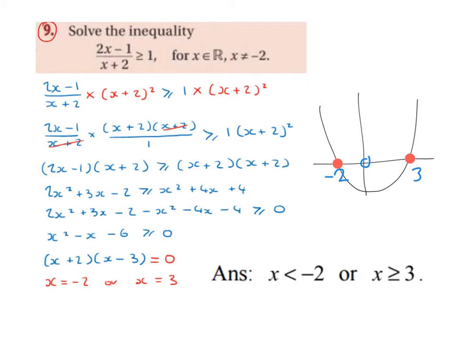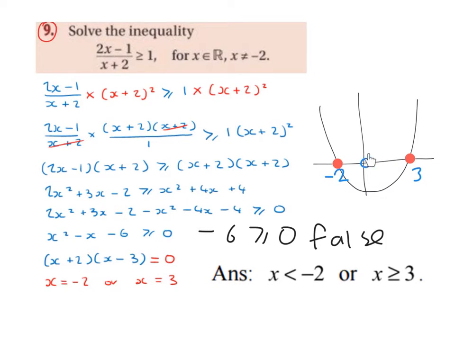I'm going to go with 0, and I'm going to substitute it into my equation. So I'm going to have 0 squared, which is 0, minus 0, which is still 0, minus 6 is greater or equal to 0. So subbing in 0, I get −6 is greater or equal to 0. And this statement is false.